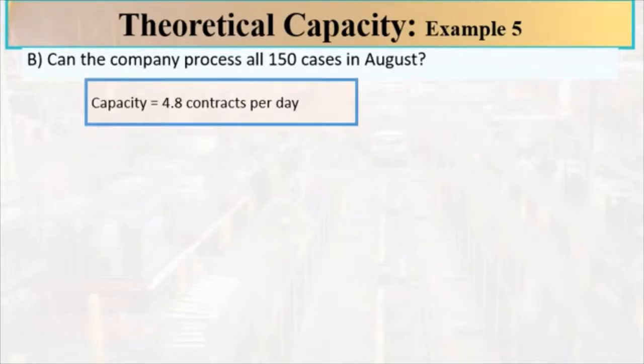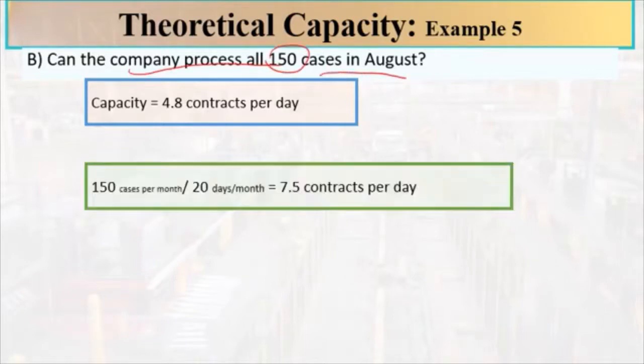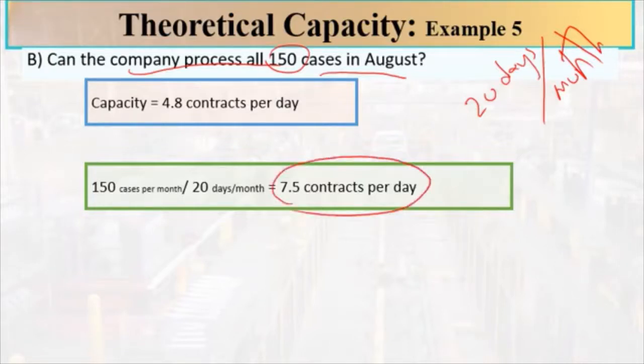So part B of the question says, can the company process all 150 cases in August? We know in the question that there's 20 days per month for this law firm. So we take these 150 cases and divide by 20 to get how many contracts per day, because all the numbers we've calculated in the previous slide were per day.